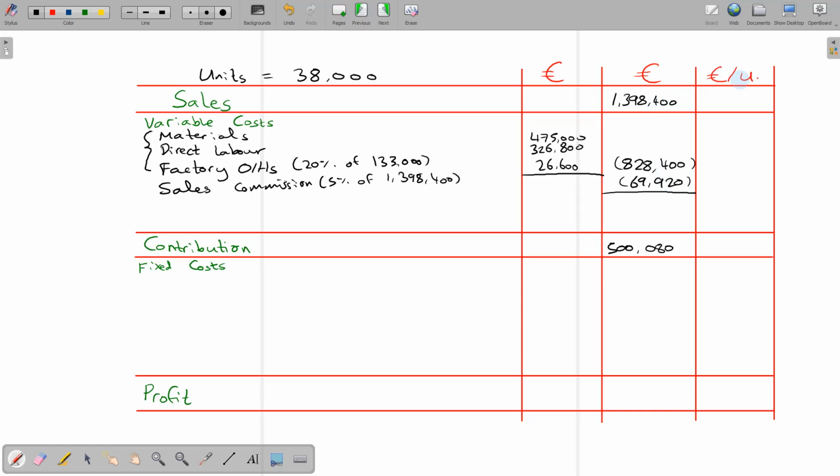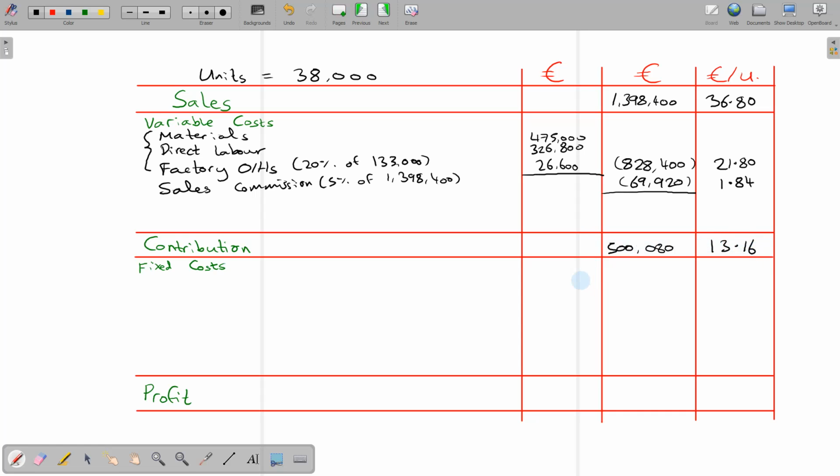Now we're going to get the per unit, so I'm going to divide 1,398,400 by 38,000, and I'm going to get 36.80. I'm going to get all the variable costs without taking into account sales commission, which is €21.80. I'm going to get €1.84 for sales commission. Contribution per unit is €13.16.